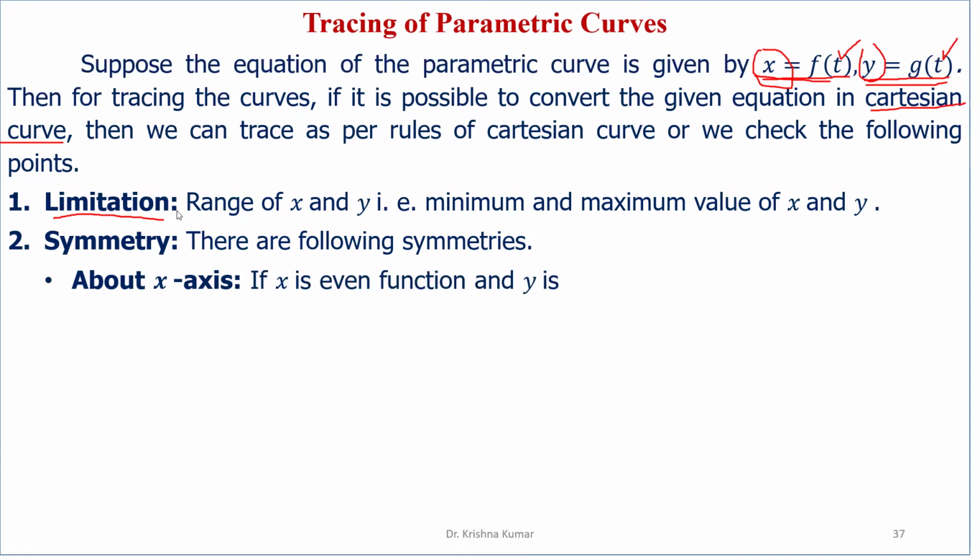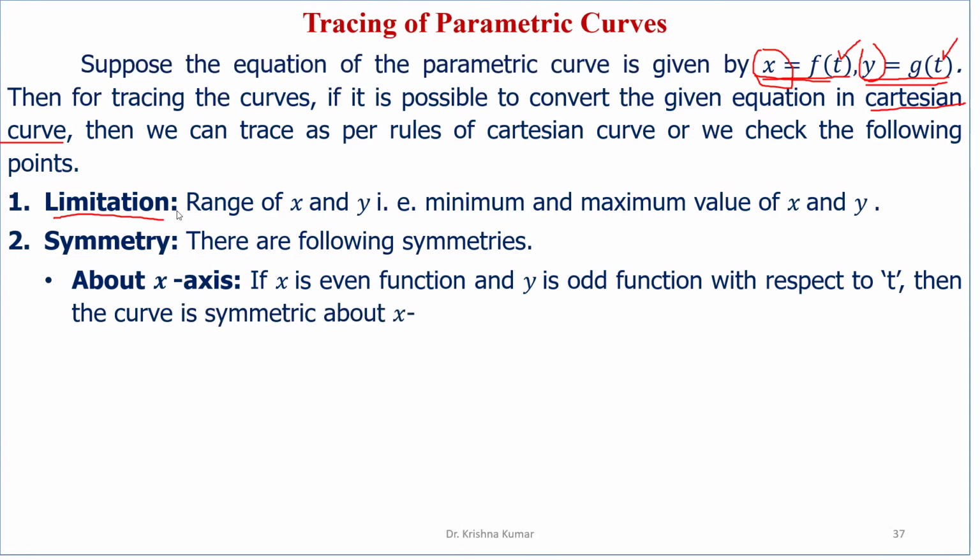If x is an even function and y is an odd function with respect to t, then the curve is symmetric about the x-axis. For example, x equal to at square, y equal to 2at.